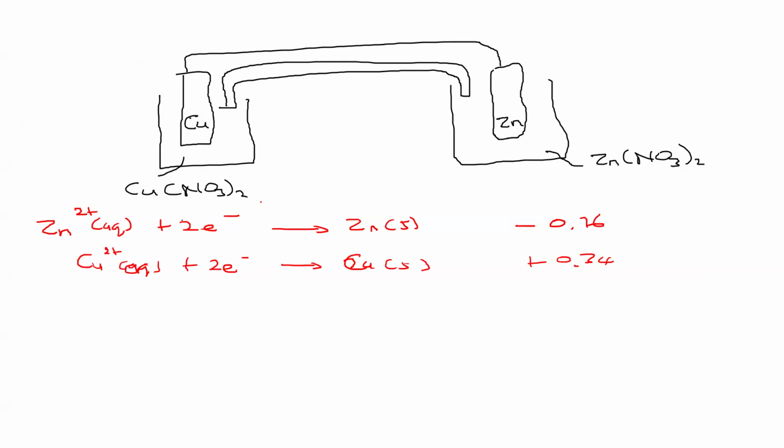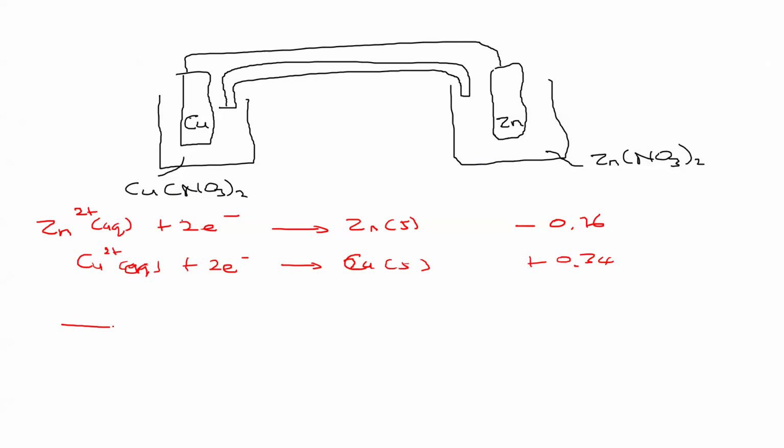So I want us to first determine which one is the anode and which one is the cathode. What did we learn? We said when we are checking this, the one that is more negative has the tendency to lose electrons. So now we understand which one is the anode and which one is the cathode.